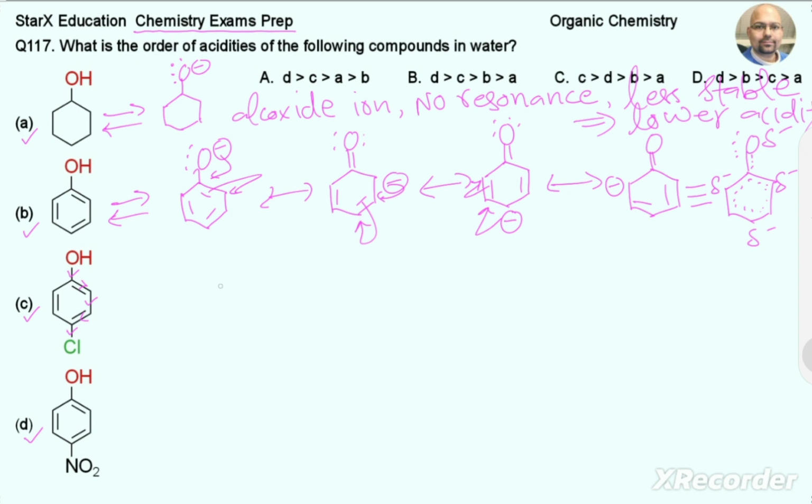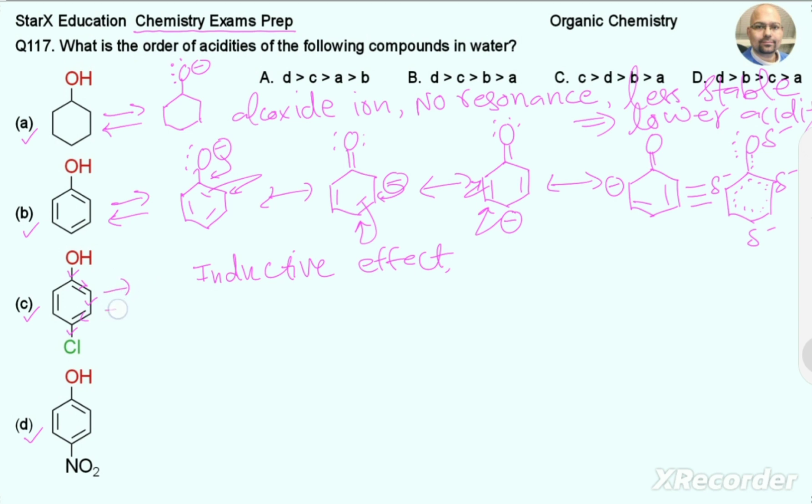It's known as inductive effect. Inductive effect is a permanent effect, and once you have an electron withdrawing group present, it stabilizes the conjugate base further.